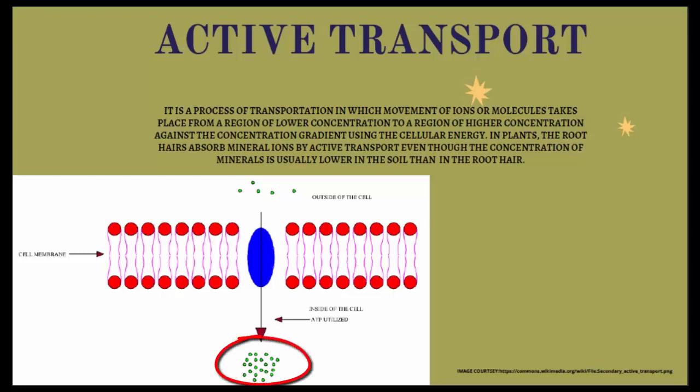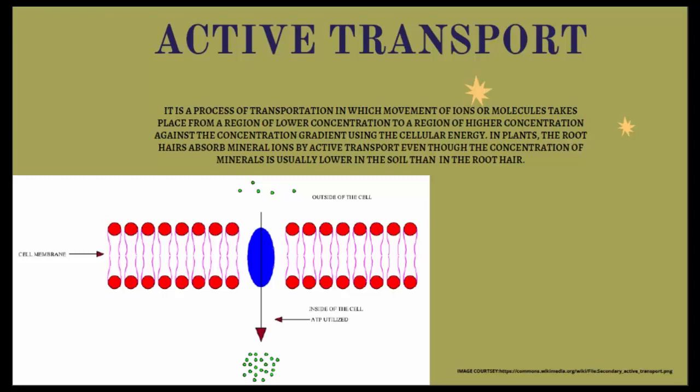Still the movement of molecules is taking place from the lower concentration region to the higher concentration region, and the cell is actually using its own energy to achieve this process. And let us study this diagram over here, that here we can say movement is happening against the concentration gradient.